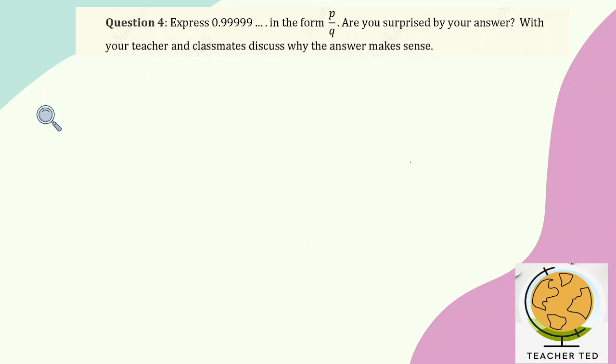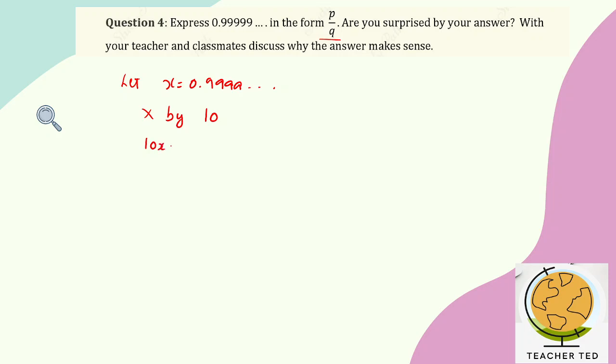Are you surprised by the answer? So let us see whether any surprise may happen or not. We know to get into the form of p by q, we need to take x is equal to 0.9999 etc. and multiply LHS and RHS by the factor 10.